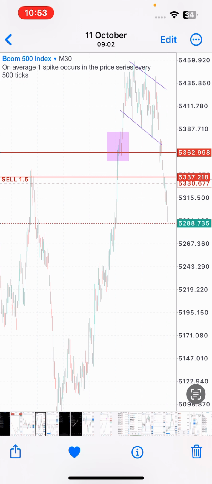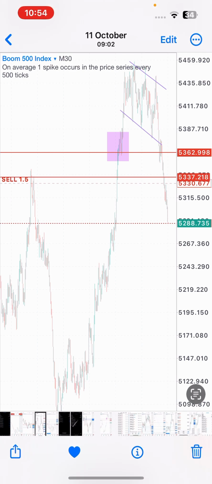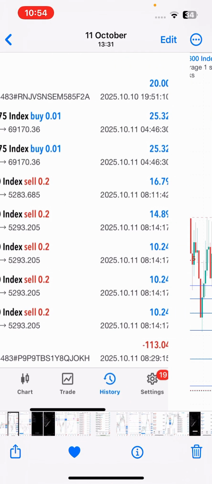It's going to contain sniper entry spots. Some of these trades are sniper entries, which means that immediately you enter the trade, you are in profit, with minimum drawdown.